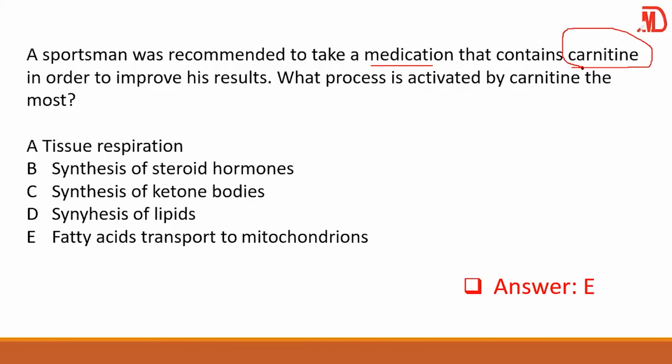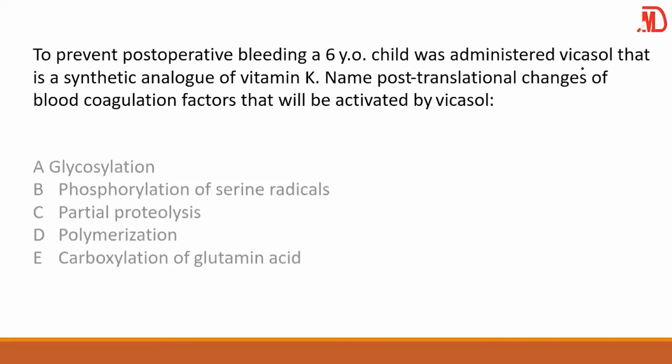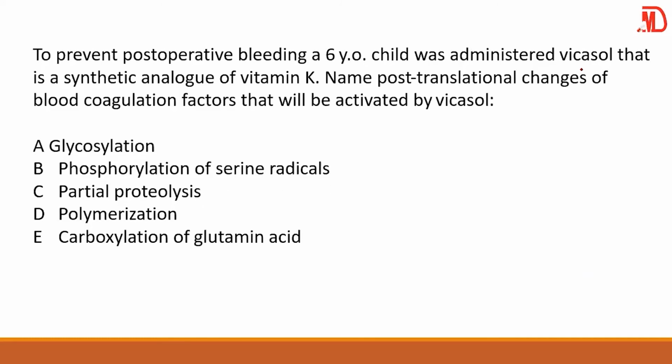All right. Okay. Now, to prevent post-operative bleeding, a 6-year-old child was administered Vicasol. Vicasol is a kind of vitamin K, a synthetic analog to vitamin K. Again, I said vitamin K is needed in the coagulation cascade.